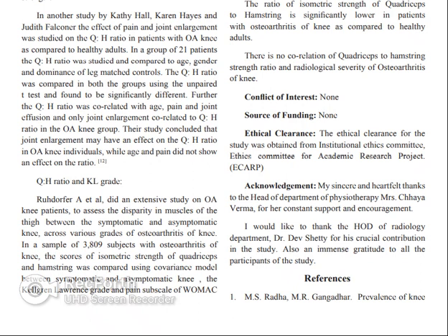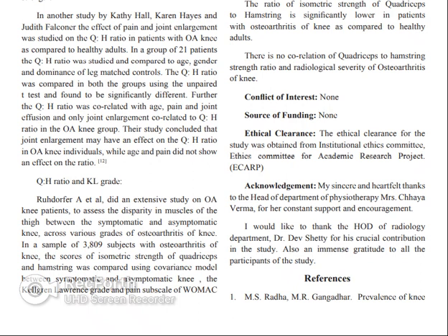Further, QH ratio was correlated with age, pain, and joint effusion, and only joint enlargement correlated to QH ratio in the OA group. The study concluded that joint enlargement may have an effect on the QH ratio in OA individuals, while age and pain did not show an effect on the ratio.